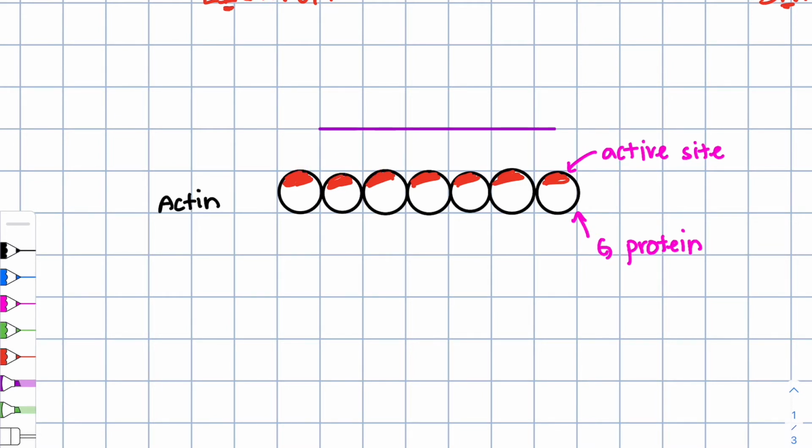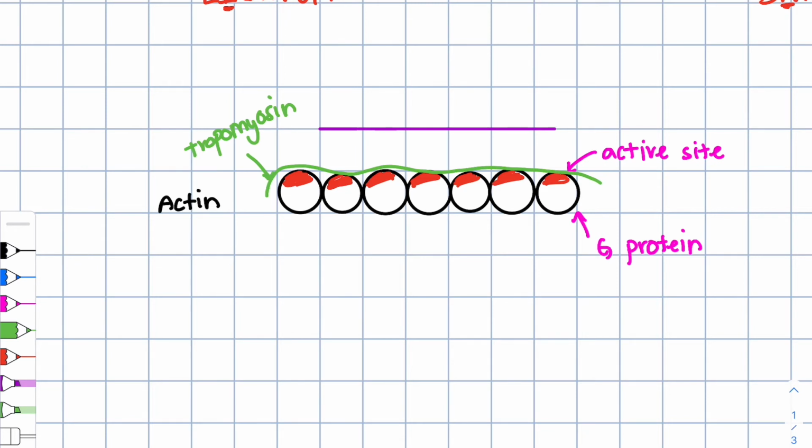However, it's not that easy because the active sites are being covered, and I'm just going to draw this right here. They are being covered by this protein that is called the tropomyosin. Okay, so that tropomyosin is that covering of the active sites that are found in the G protein.